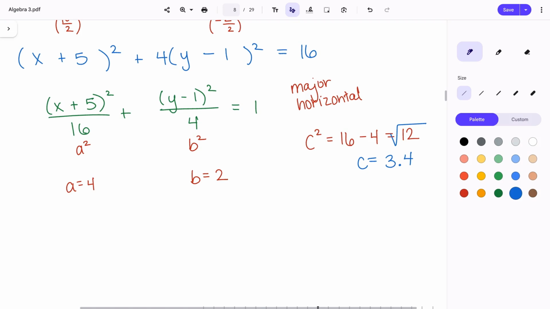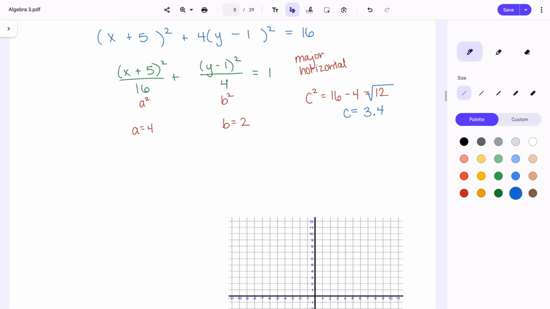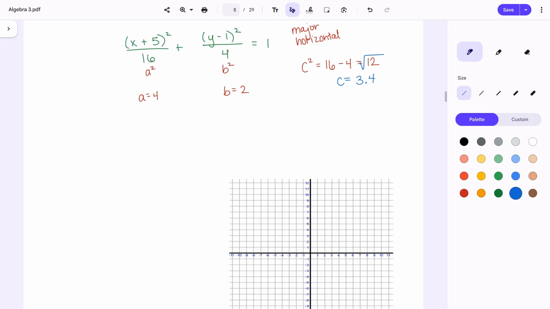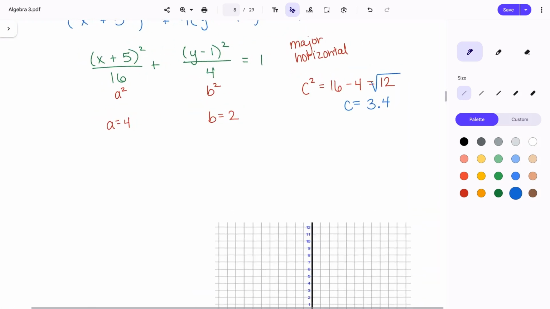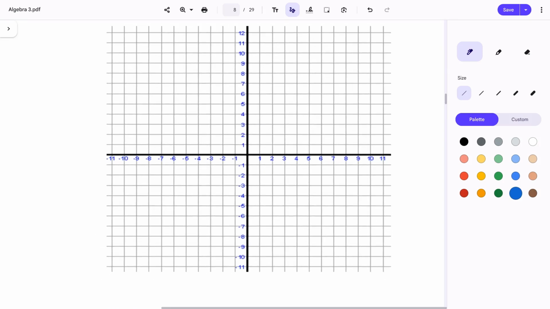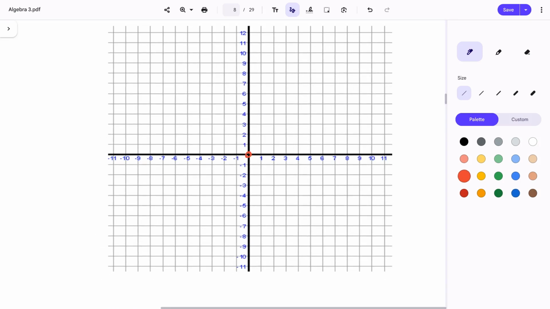So I'm going to start by graphing again at the origin. I'm going to scroll down. I hope that's okay. So we said our graph is a major horizontal, so it's going to be an ellipse kind of stretched out left to right.